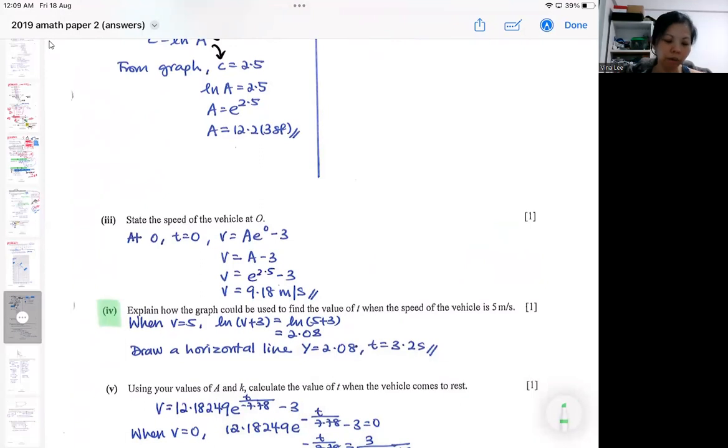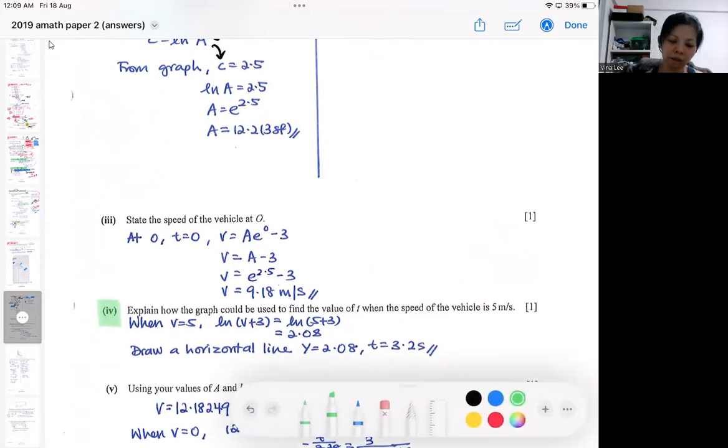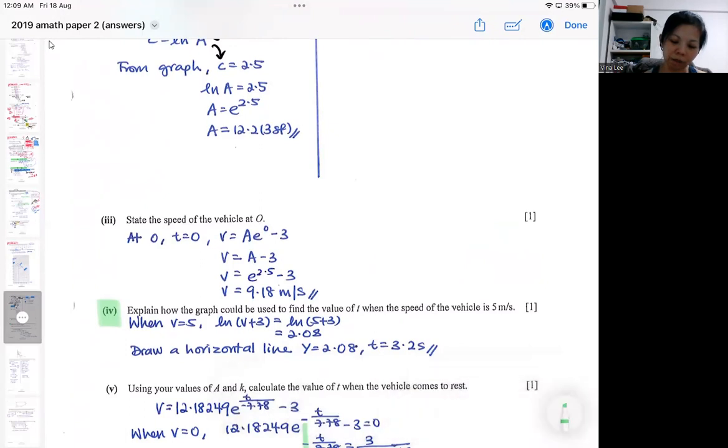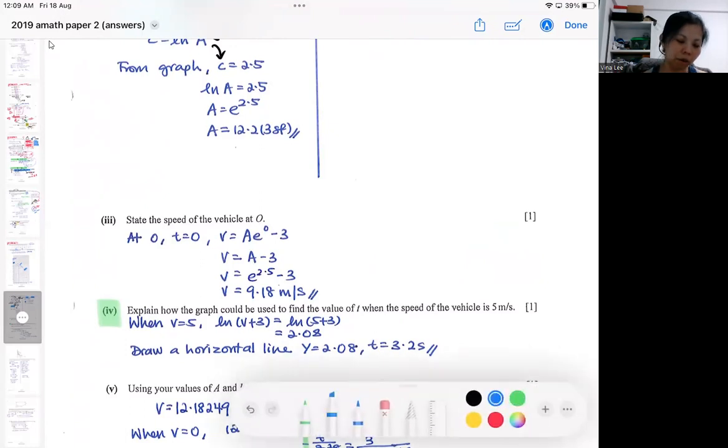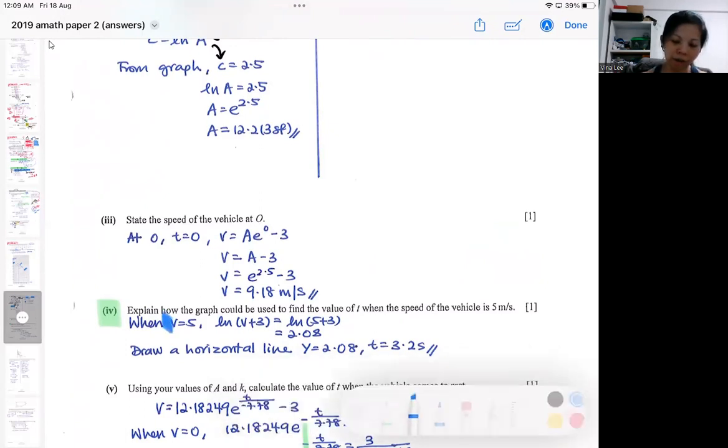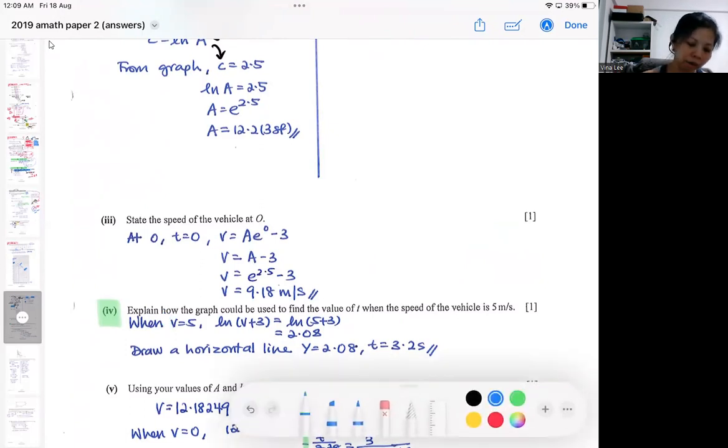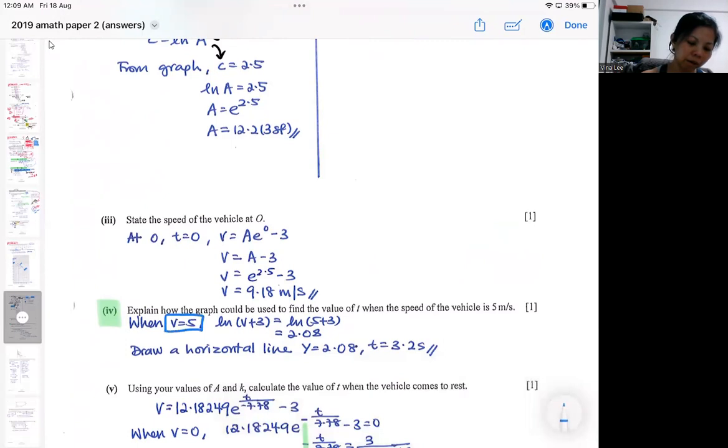So if you will need to use your graph to find the value of t when speed is 5, your v equal to 5 has to be converted to the axis that you have. So I need to convert v equal to 5 into the axis. And that will give me 2.08, which is a capital letter Y. So capital letter Y equal to 2.08.